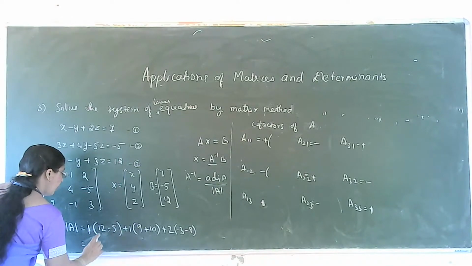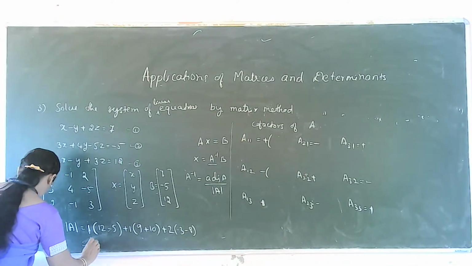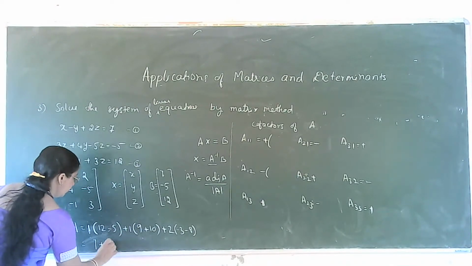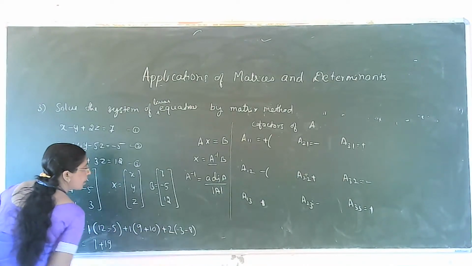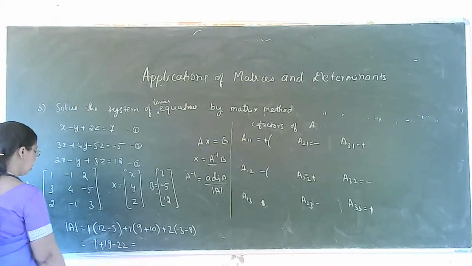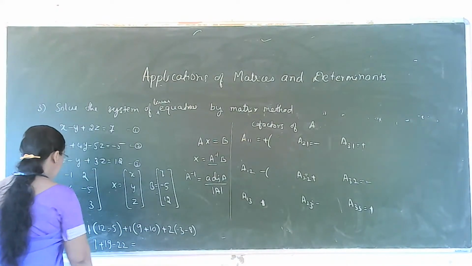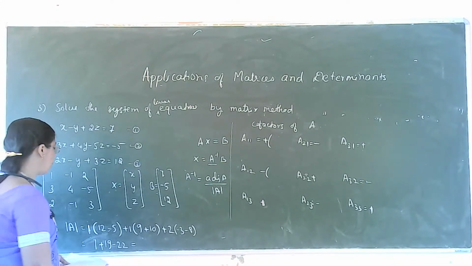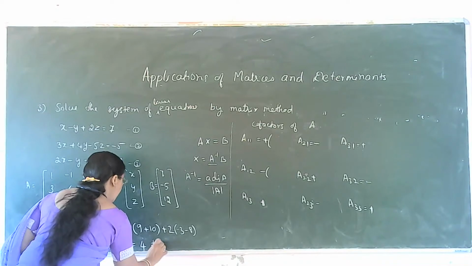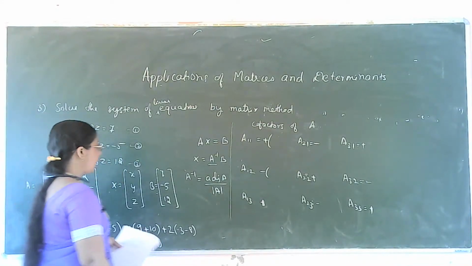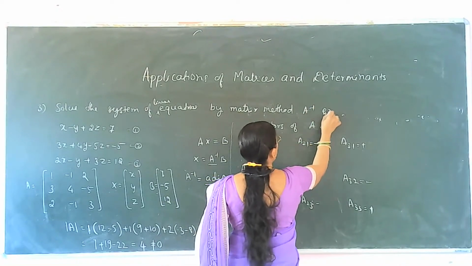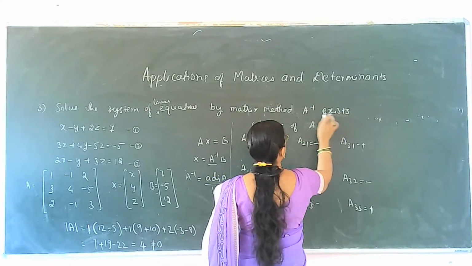You get 7 plus 19 minus 22, which is 26 minus 22, equal to plus 4. It's not equal to 0. Therefore, A inverse exists.